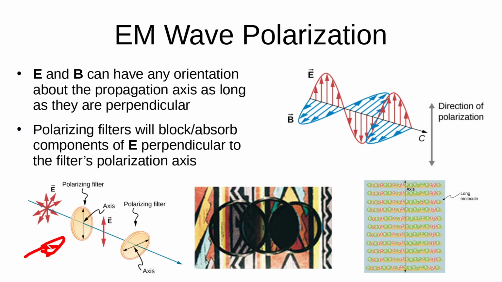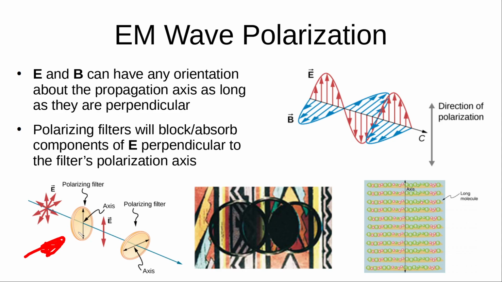Most light sources, like the light bulbs in a room, have many excited particles that produce electromagnetic waves, and these many different particles have excitations with a lot of different polarizations. So you get unpolarized light. That is light that is a mixture of electromagnetic waves with many different polarizations.